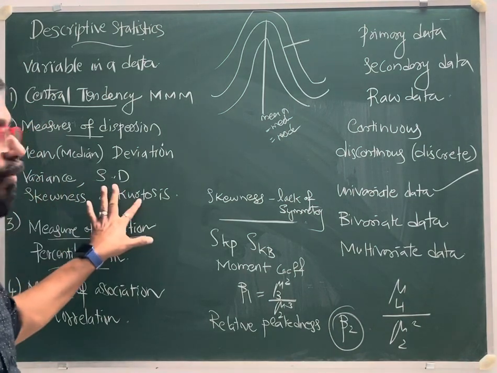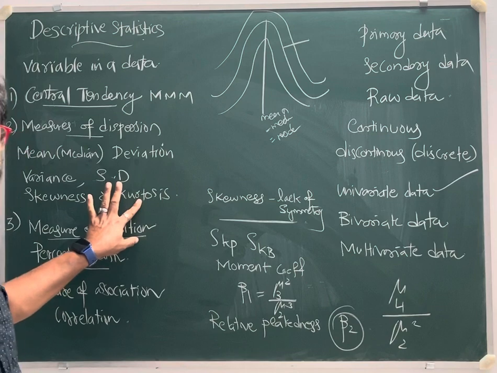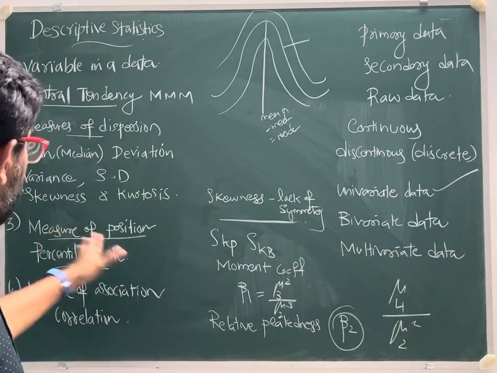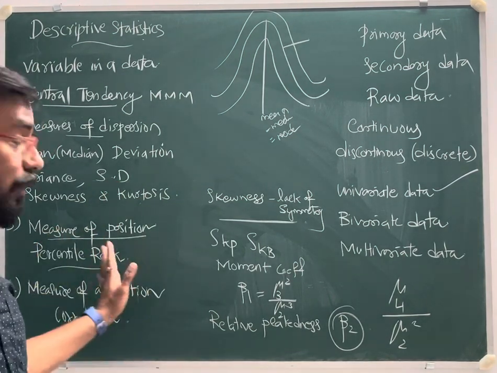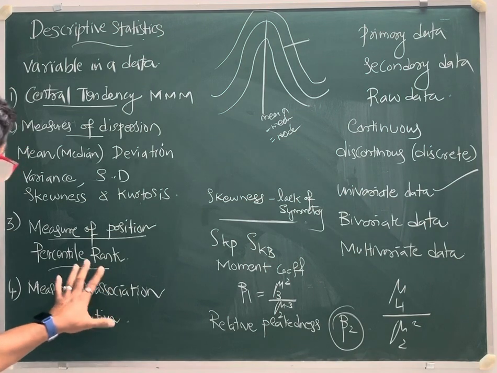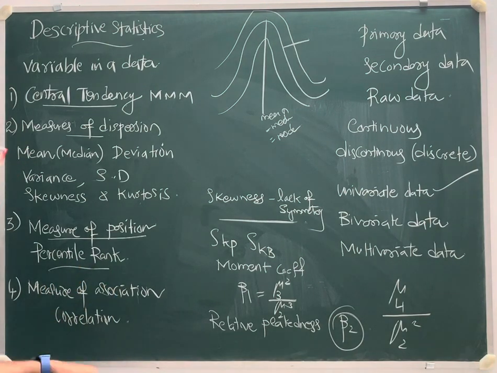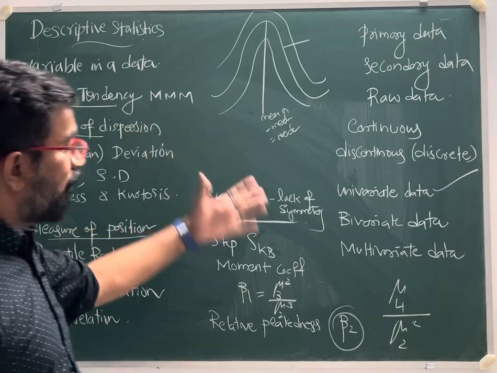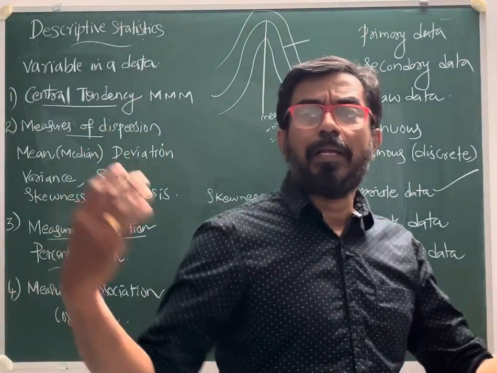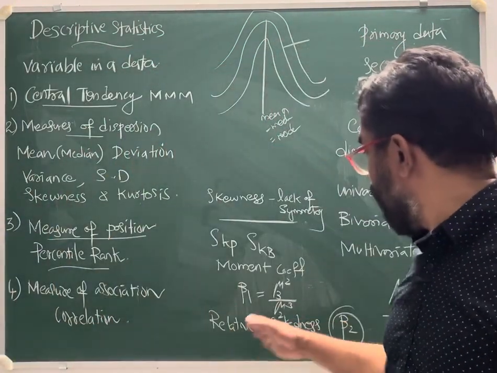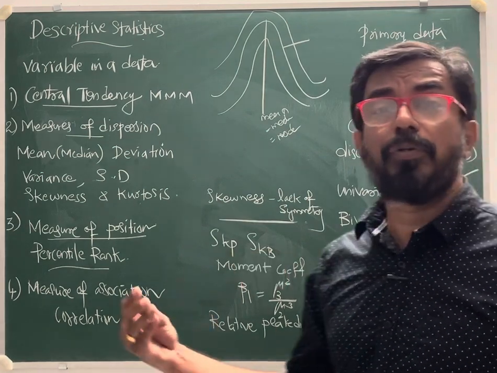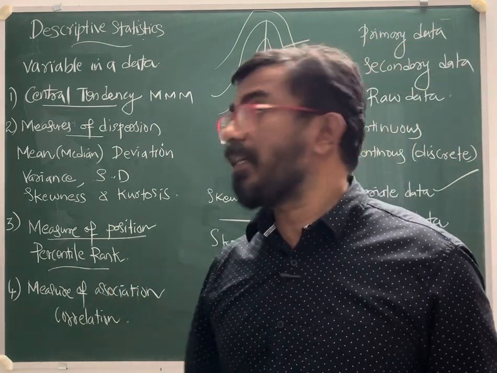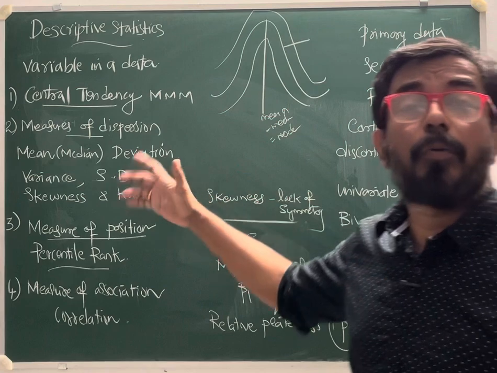Then skewness, kurtosis and measure of position, percentile rank, which in day-to-day life we may use or listen to. Then measure of association, correlation. These are some of the new terminologies, and also beta 1, beta 2, mu 1, mu 2, mu 3, mu 4, etc. How to find all this.